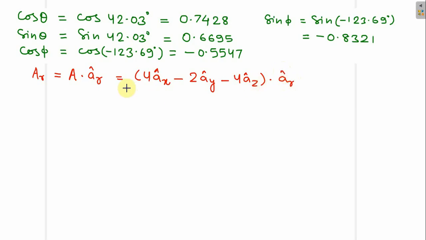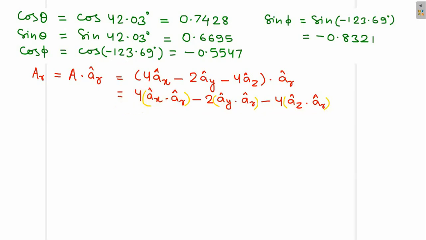Now for ax dot ar, how can we write it? We will write 4 ax dot ar, then minus 2 ay dot ar, then minus 4 az dot ar. Now we know this ax dot ar, while we were discussing the unit vector transformation between Cartesian and spherical, we derived this formula in the form of a matrix, if you recall.